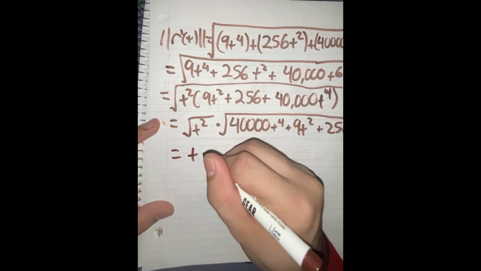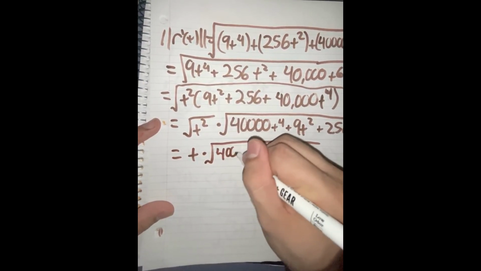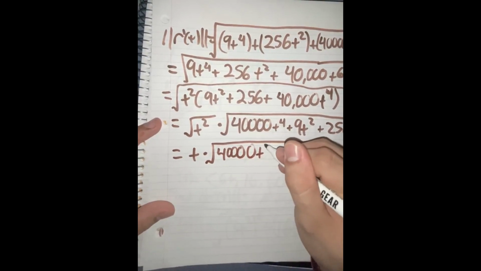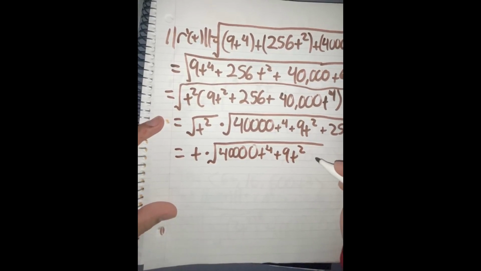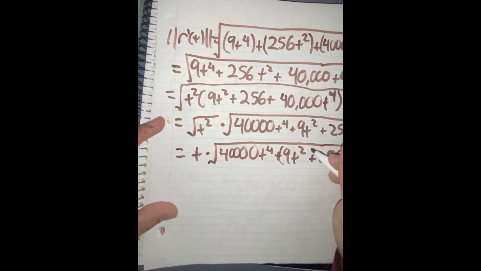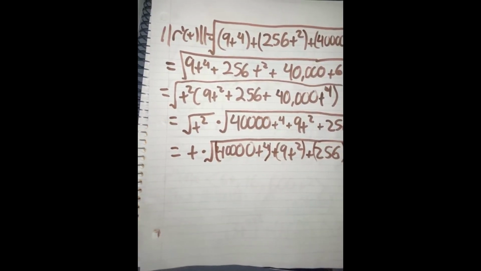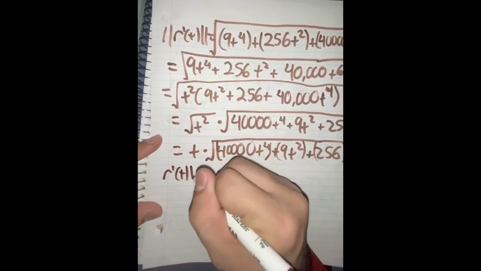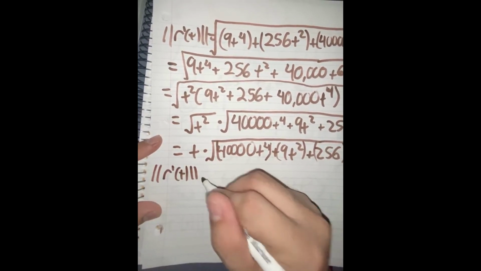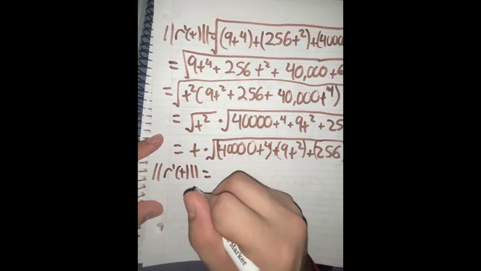So this is equal to t times the root of 40,000 t to the fourth plus 9t squared plus 256. And this is our magnitude. So I'm going to write it one more time.